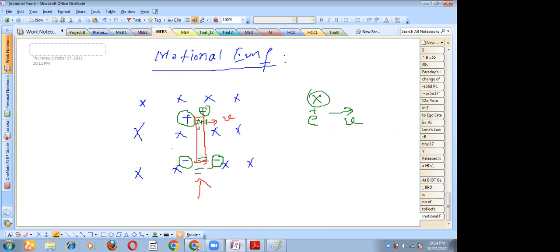Because of that, an EMF is developed across the rod, and that is known as motional EMF, and its value we already know, that is VBL.